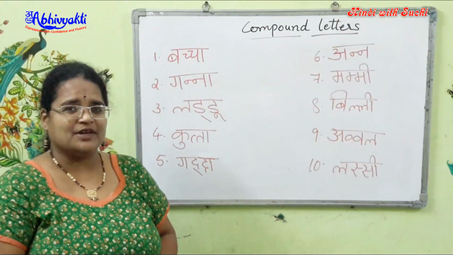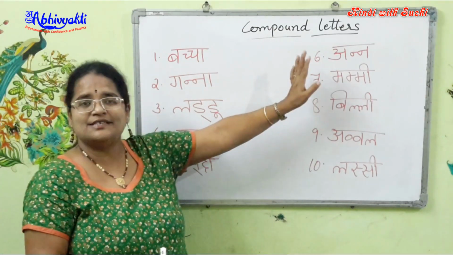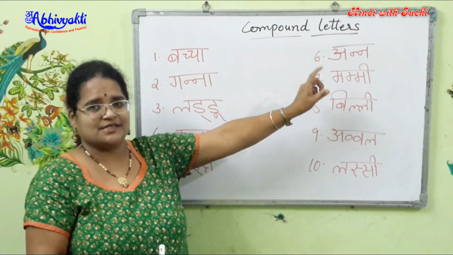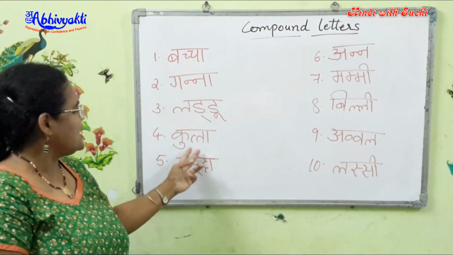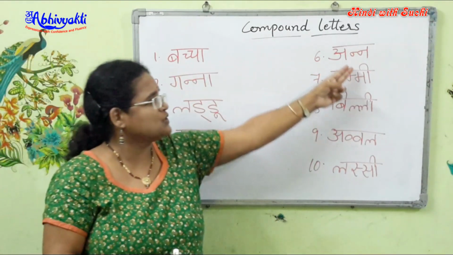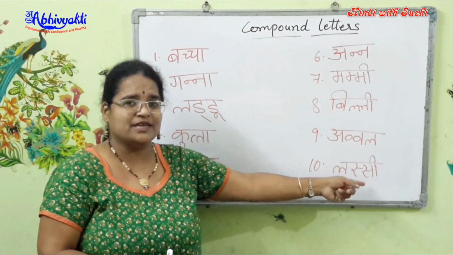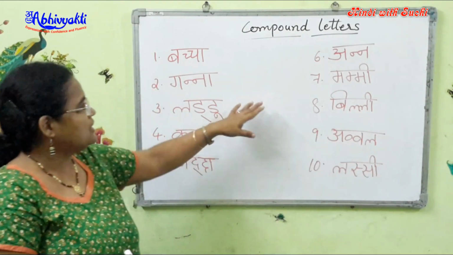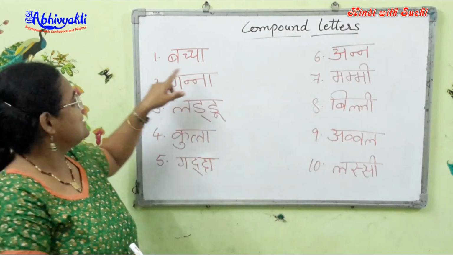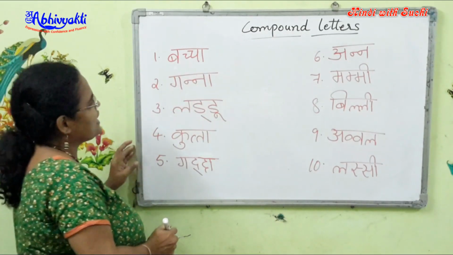Now let us have some compound letters using the same letter twice. They join. So you can see I am using the same letter joined, and I am writing them without the stem and joining them to the same letter the second time. Let us see how to do that. Bachcha. Now what do I have here?